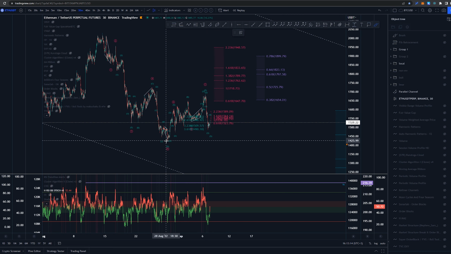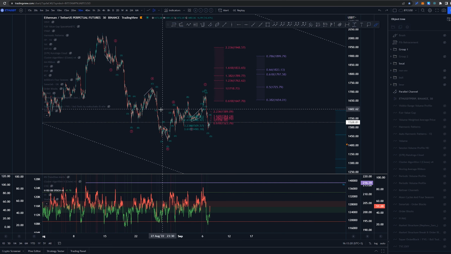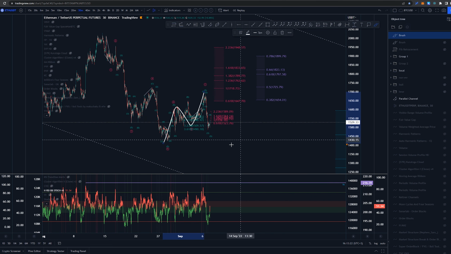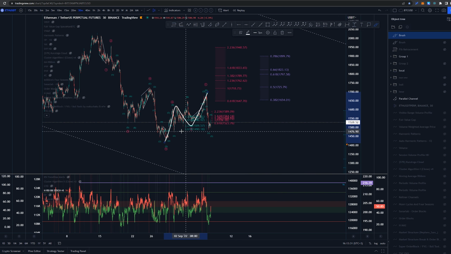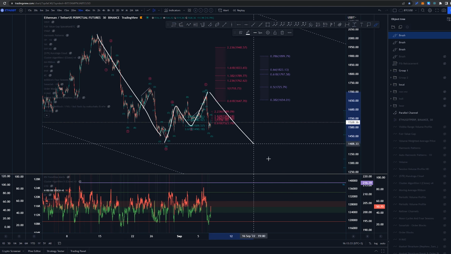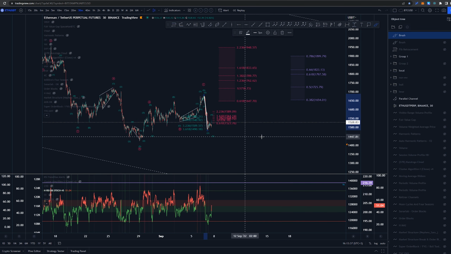Now, whether this structure here is the correction or whether this correction here is completed, I'm not quite sure. It is possible that we had this as a three-way structure like so, and we hit the minimum target in price and also in time, so it is possible that we have this correction completed, and now we could be looking for the next leg downwards, and this definitely has the potential to do that.